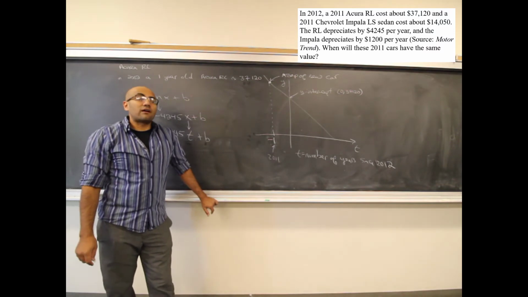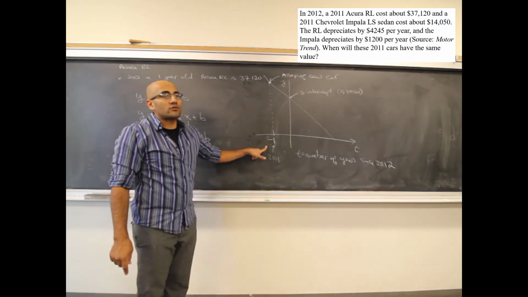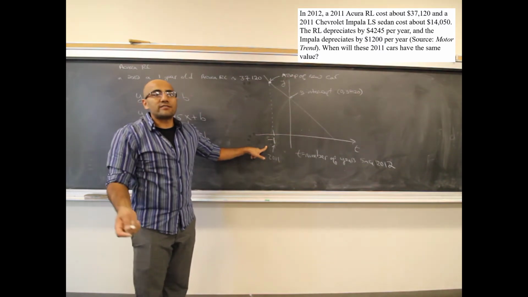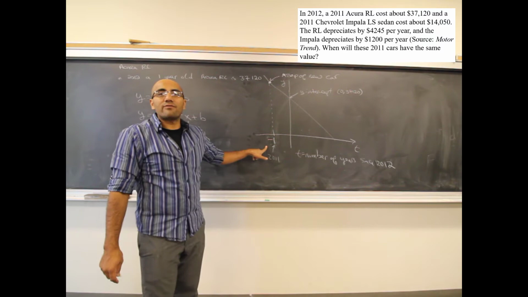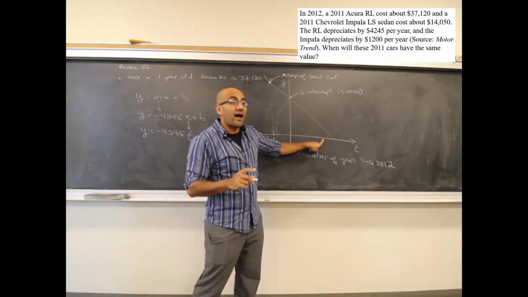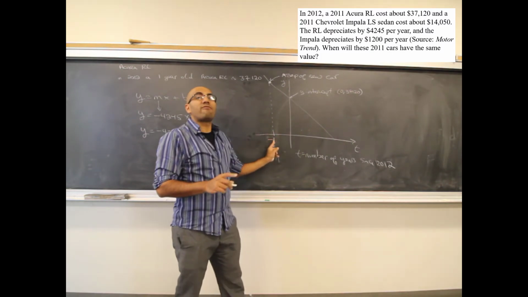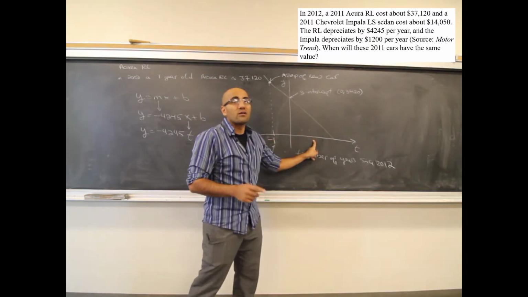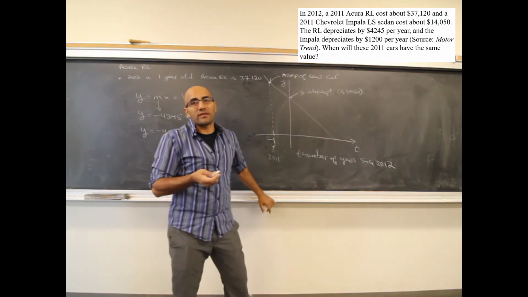So you just have to be careful to input the -1 if they ask you that. And also some other phrasing, like if they said, what's the price of the car when it's 5 years old? Well, when it's 5 years old, you don't input 5 because new was -1, so a 5-year-old car would be at 4.